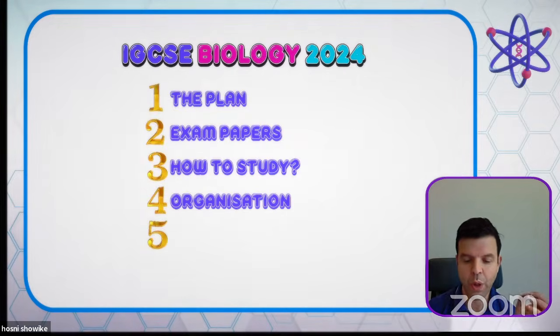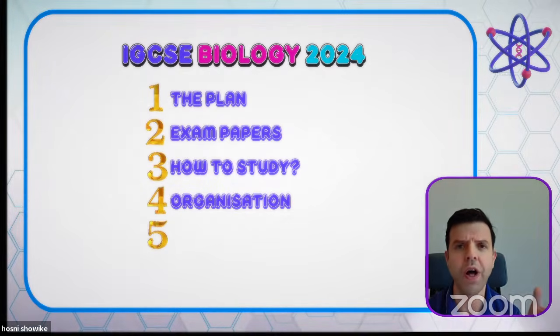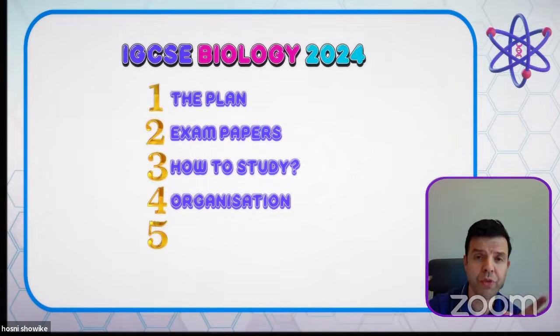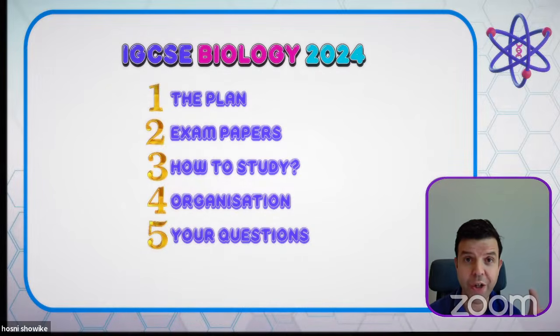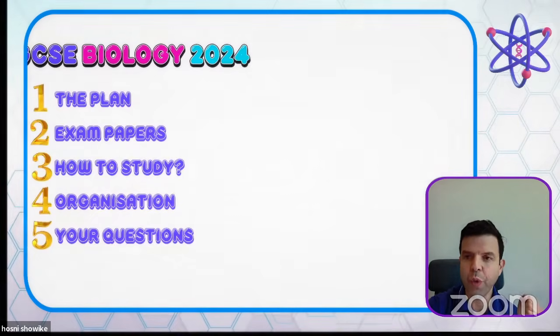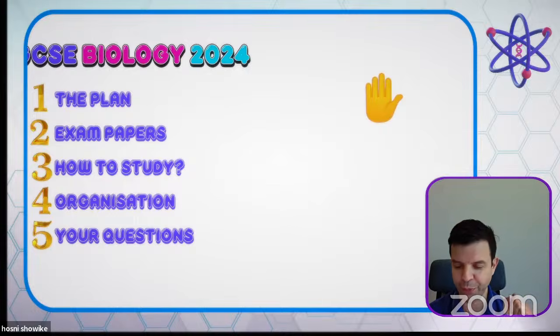Number four, we will look at the organization of the subject, meaning we will have an overview on IGCSE biology, the chapters, the topics. And before we leave, I'm gonna see if you have any questions, right? At any moment you have questions, just raise your hand and I'll open the mic for you.